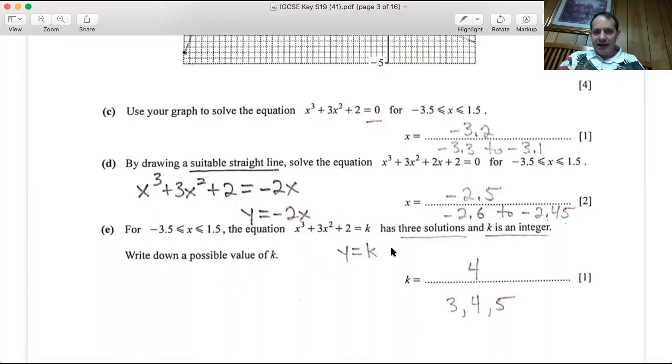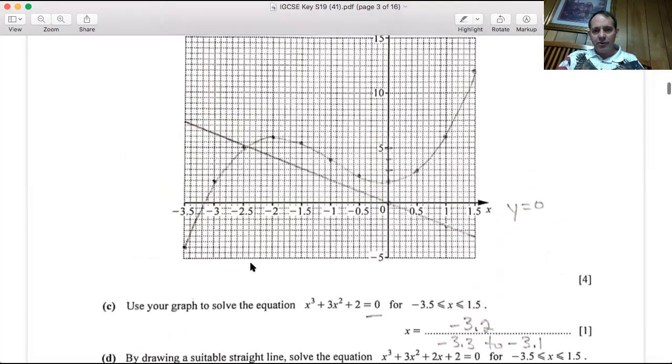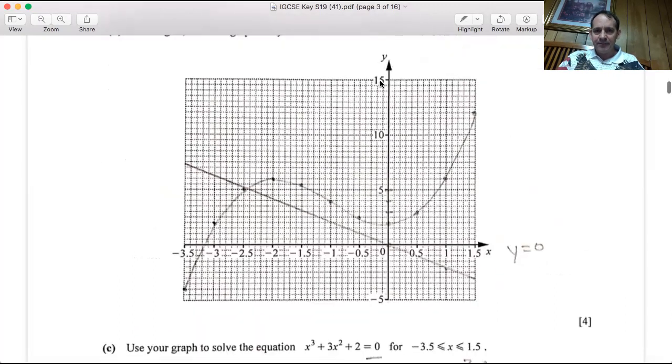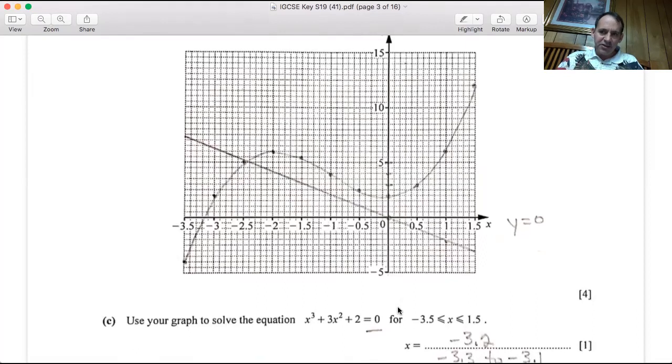So you want to find where the value of k has 3 solutions, and k is an integer, meaning no decimals or fractions. So the horizontal lines here can be anywhere from 15 all the way to negative 5. Horizontal lines from 15 to negative 5, only integers, so no fractions, no decimals.